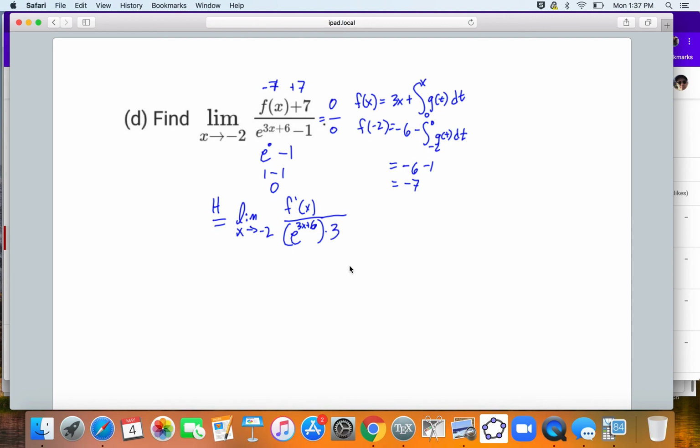Okay. So now let's try our direct substitution. So we want to look at f prime at -2 over e to the 0 times 3, 1 times 3, so that's 3. So now what's f prime at -2? Well, f prime at x, remember, is 3 plus g of x. So f prime at -2 is 3 plus g of -2.